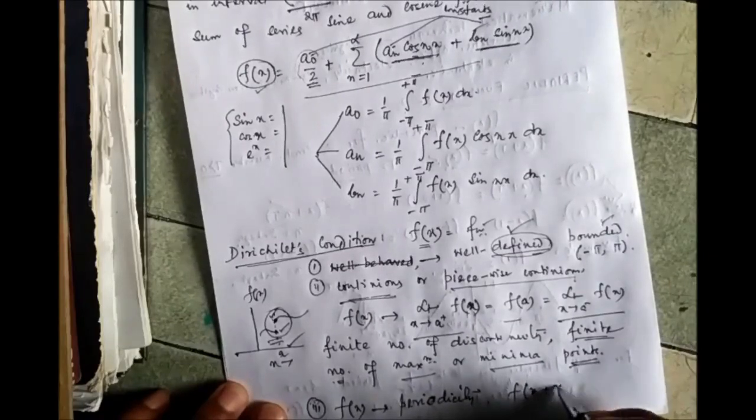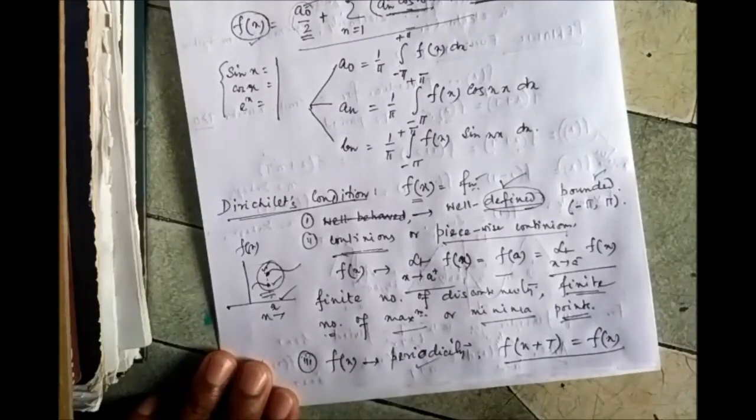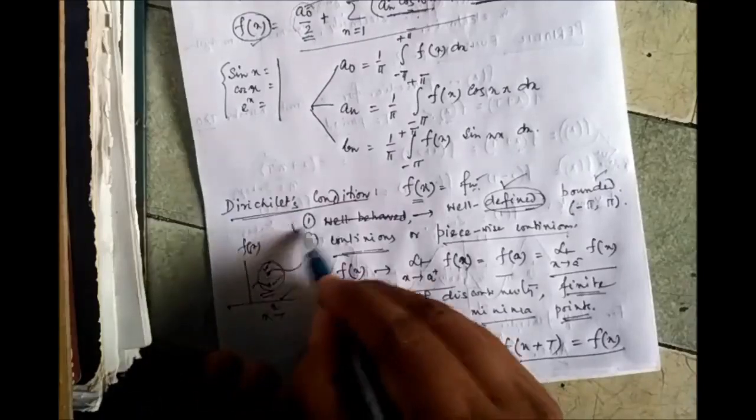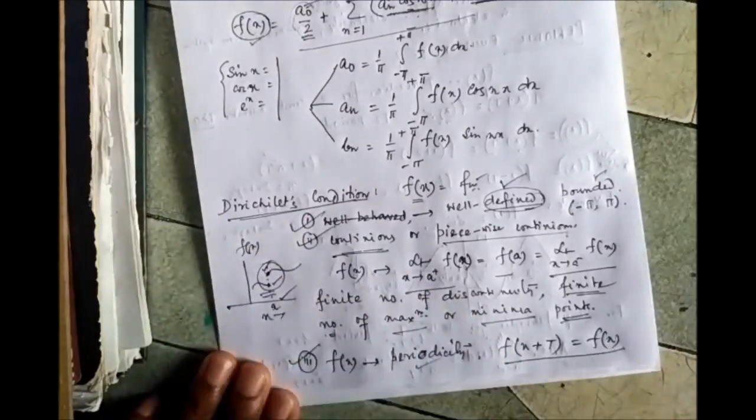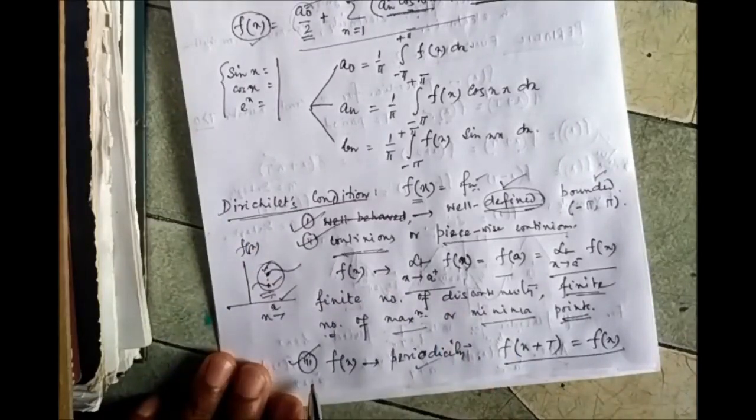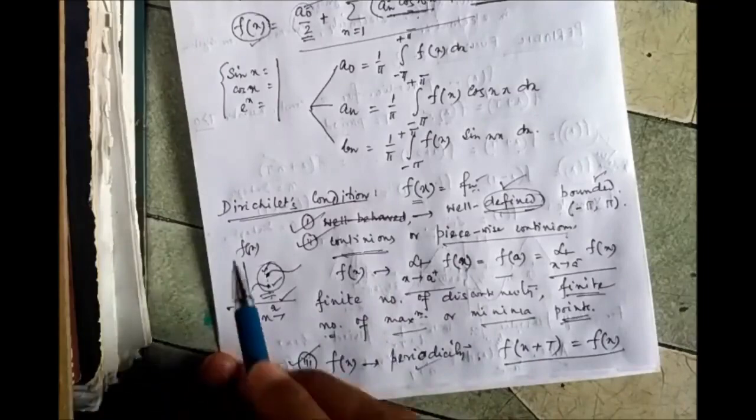Periodicity means f(x plus T) equal to f(x). This is the condition of periodicity. So if these three conditions are satisfied by a function, then the function can be represented as a Fourier series. This is called Dirichlet's condition.